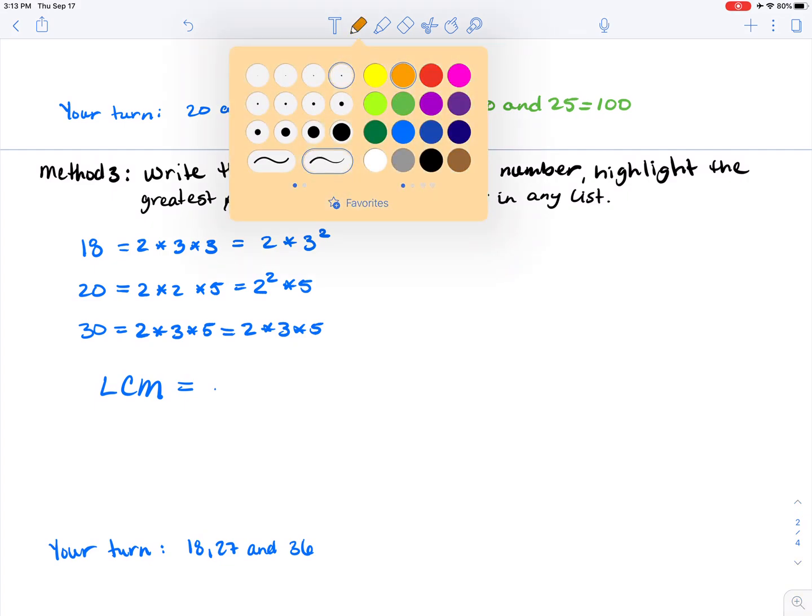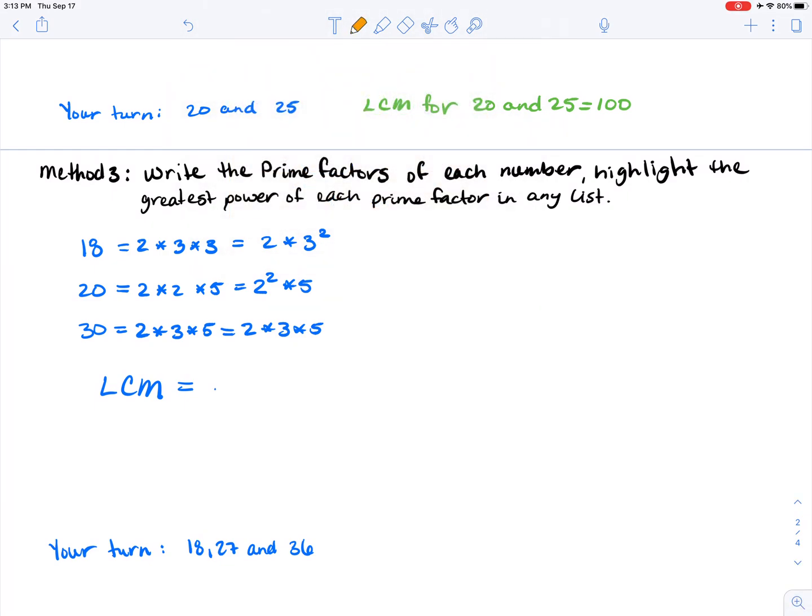So let's look at the highest power in each. So I have 3 squared, that's a higher power than 2 to the 1. 2 squared is higher than 5 to the 1. And these are all to the power 1, but 5 is the largest number.